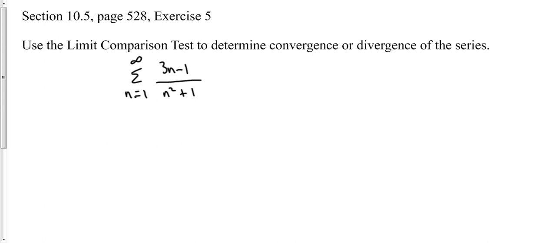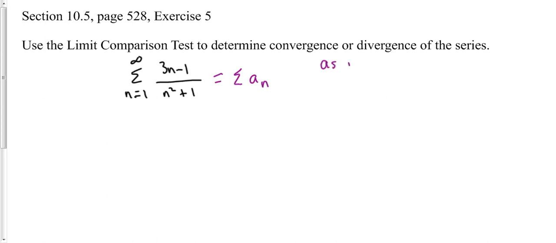The limit comparison test helps us determine how a series will behave if we can compare it to another series. So we're going to let the given series be equal to a_n. And then we need to find the comparison series, or the b_n series. We can use n behavior modeling to find this other series.